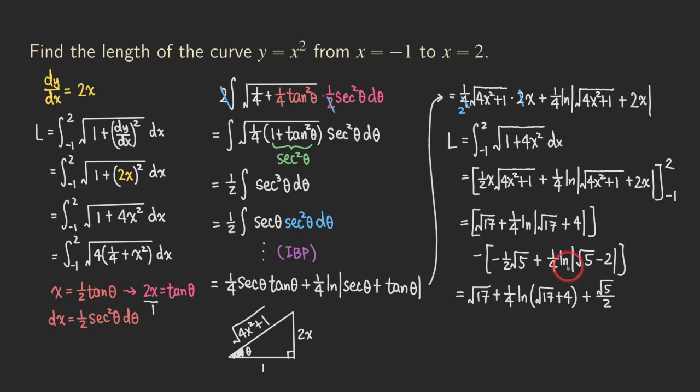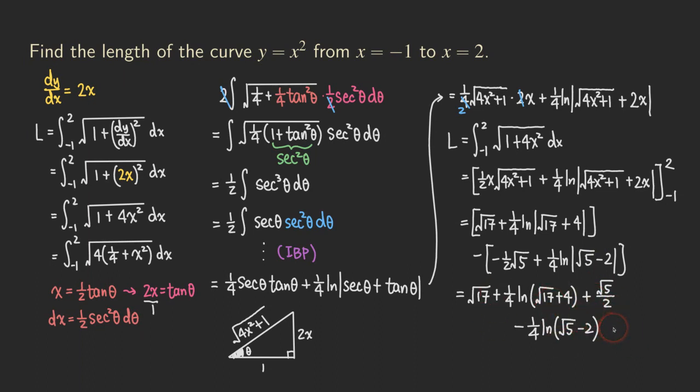And then now distribute the minus sign with this expression right here. Gives you negative 1 over 4 times ln of, well, we don't need the absolute value anymore because square root of 5 is about 2.2. So this is positive. So we can just use parentheses. And then that's your final answer.